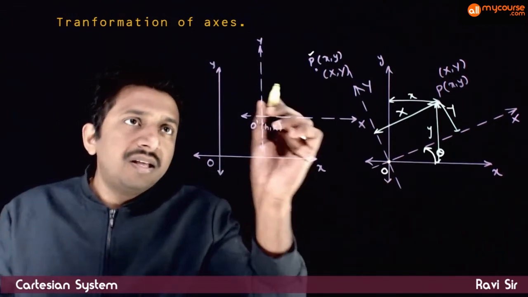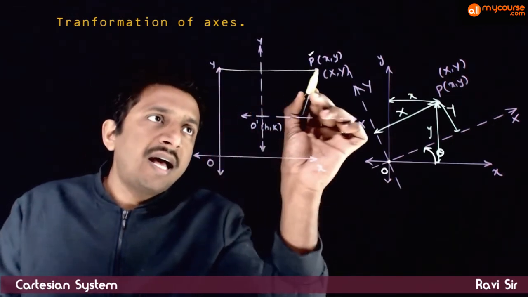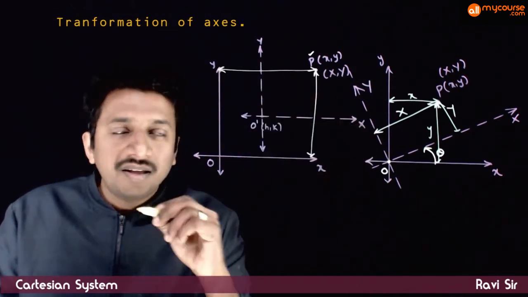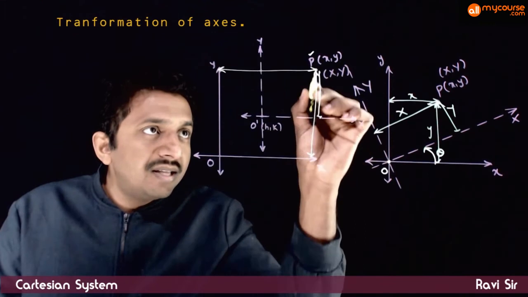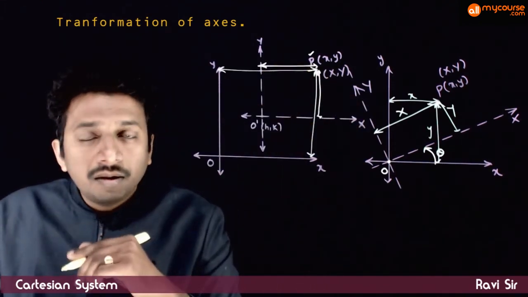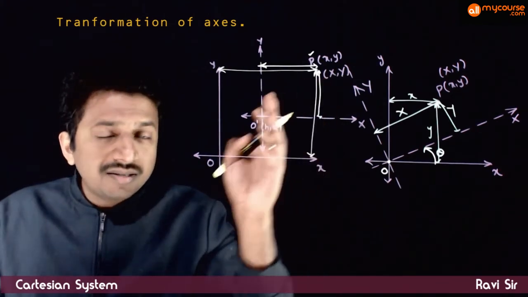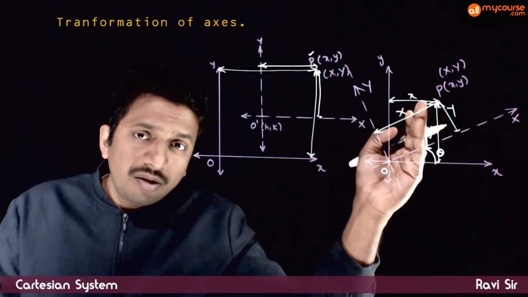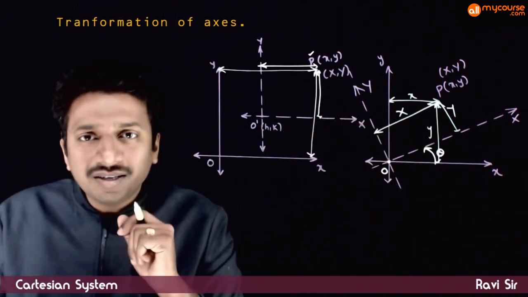Here also, the old coordinates are this distance and this distance, and the new coordinates are this distance and this distance. Obviously, the new coordinates depend on old coordinates.